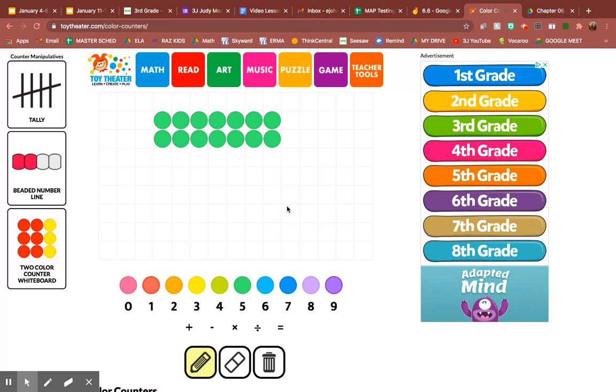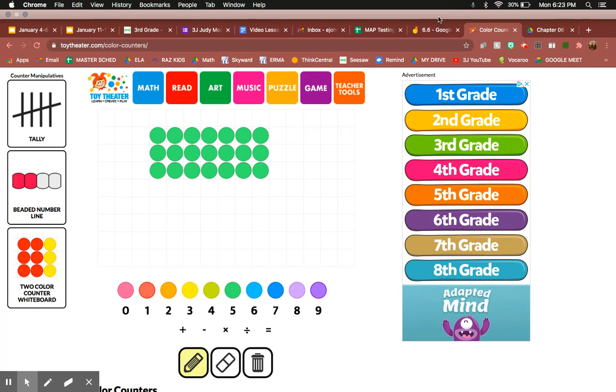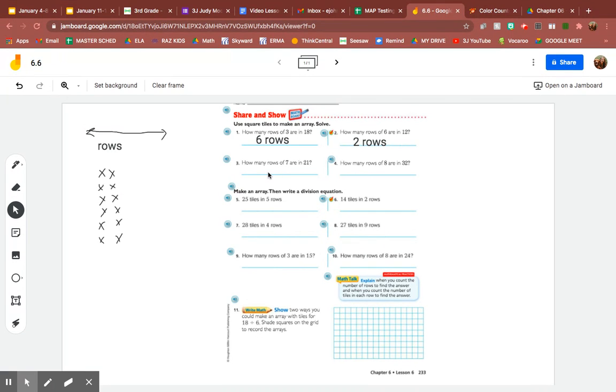There's 2 rows of 7, which equals 14. So I'm still not there yet to 21. Okay, there's 3 rows of 7, which equals 21. I have 1 row of 7, 2 rows of 7, and 3 rows of 7. So I need 3 rows of 7 to get to 21. So 3 rows is the answer.